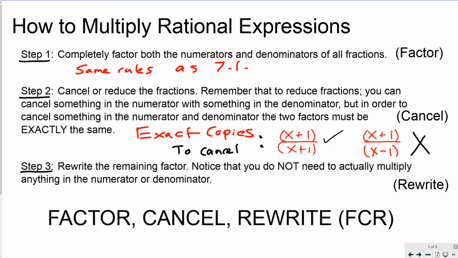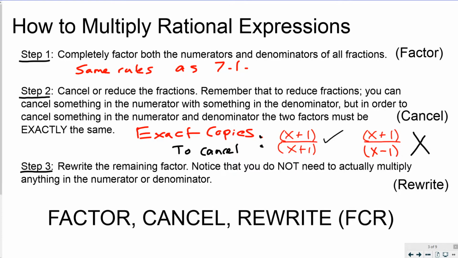We have a three-step process for multiplying rational expressions. That process is factor, cancel, rewrite. I'm going to constantly reference FCR: factor, cancel, rewrite. So what does that mean? It means that you're going to factor both the numerators and the denominators of all fractions.